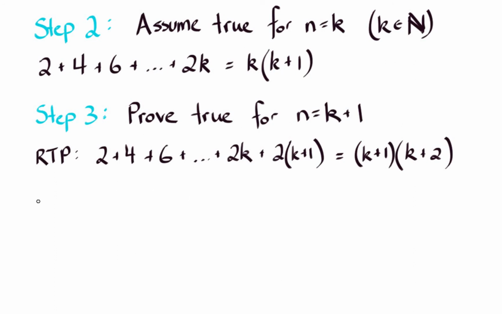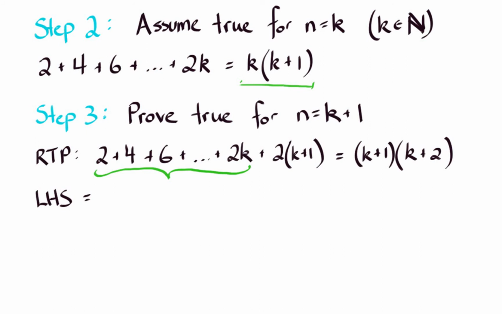So let's start with our left hand side. And when we look at the left hand side, we notice that the first k terms, we can perform a substitution here. So if we're looking at these first k terms, they can be replaced with k outside of k plus 1 from back here in step 2.